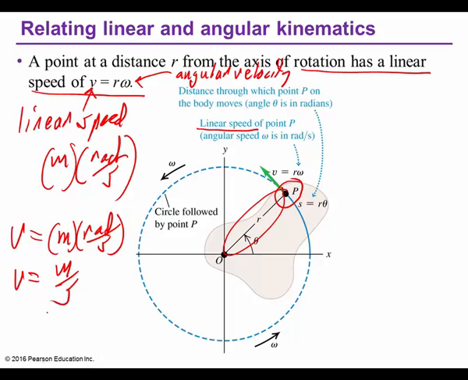Because we're talking about linear, the radians kind of cancel out, don't they? You follow me? You don't say meter radians per second, because linear is not measured per se in radians.